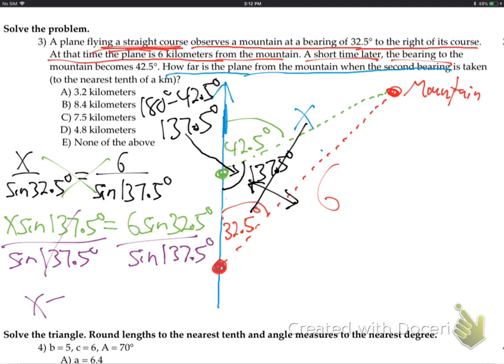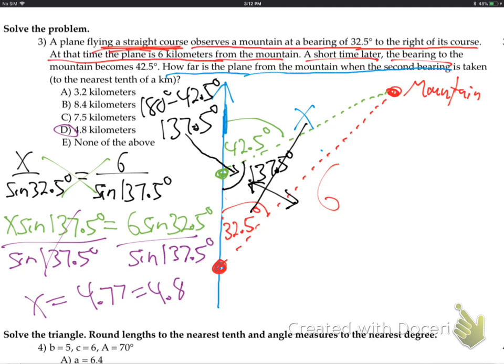X equals, let's try it, 6 sine 32.5 divided by sine 137.5. I'm getting 4.77, or rounded to one place, 4.8. Answer D. Good?